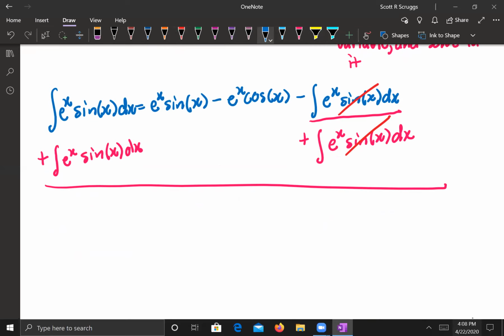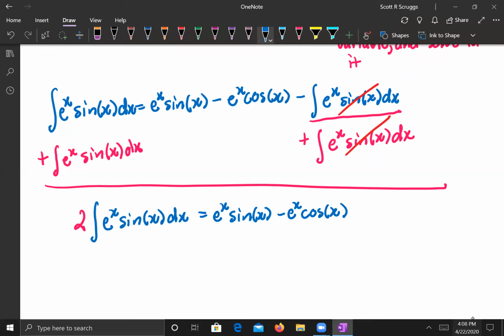So after the operation, on the left-hand side, I have 2 times the integral of e to the x times sine of x dx is equal to e to the x times sine of x minus e to the x times cosine of x.